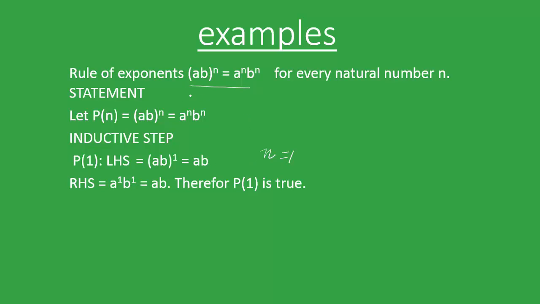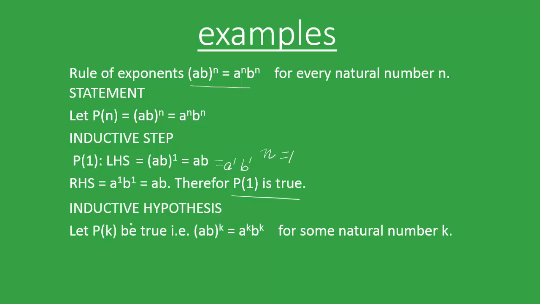Taking n equal to 1 in the equation, the LHS is equal to (ab) to the power 1, which is equal to ab, which is again equal to a raised to the power 1 into b raised to the power 1, which is the same as the RHS. So P1 is true.